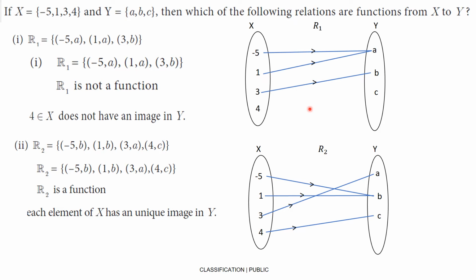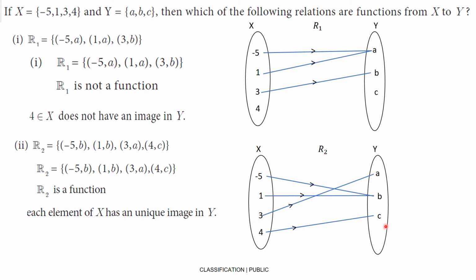Clear? Next question. R2 equal to (-5, b), (1, b), (3, a), (4, c). Here, (-5, b), okay, here also an image is there. (1, b) also has an image. (3, a) and (4, c).